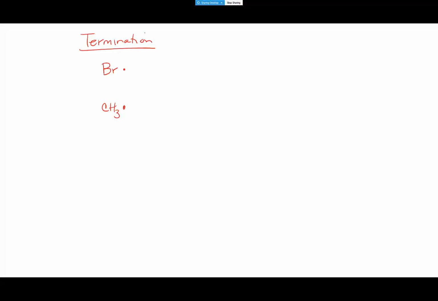So the 3 termination steps are going to be reacting a bromine atom with another bromine atom, reacting a methyl with a bromine, and then a new compound gets formed, because what if 2 of the alkyl radicals come together?